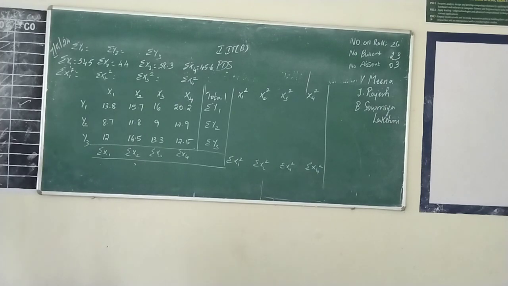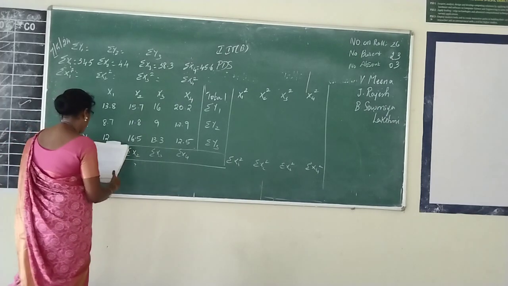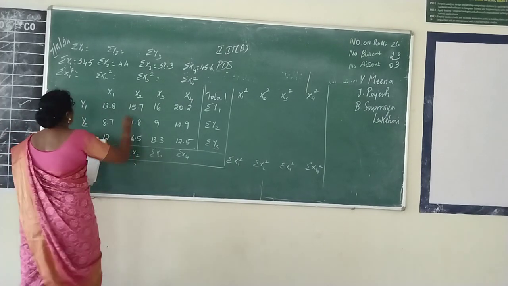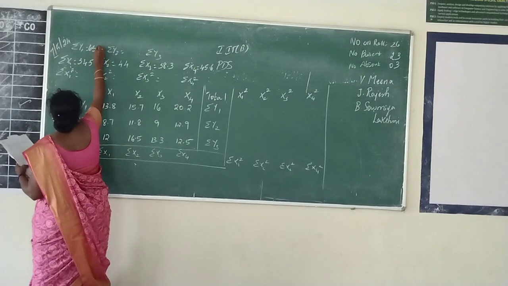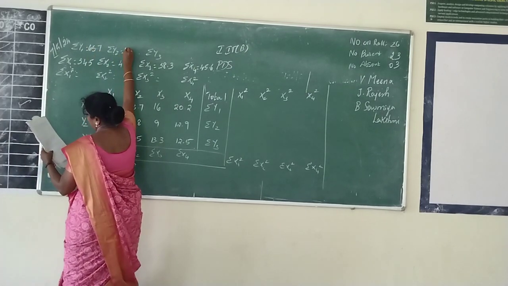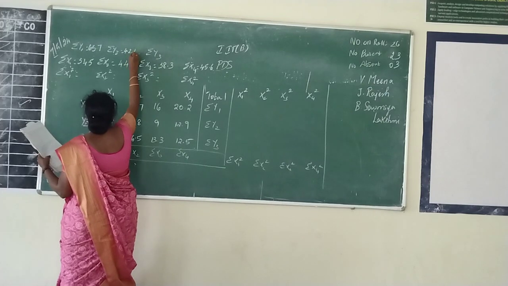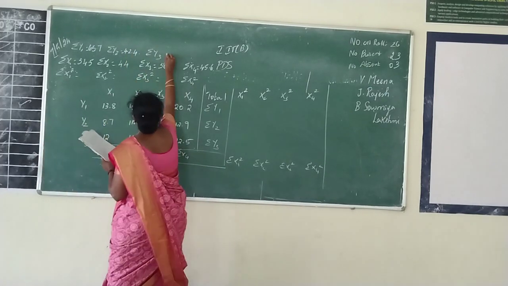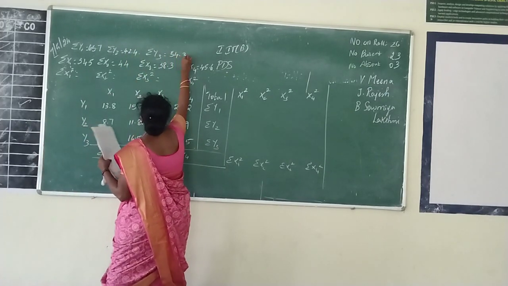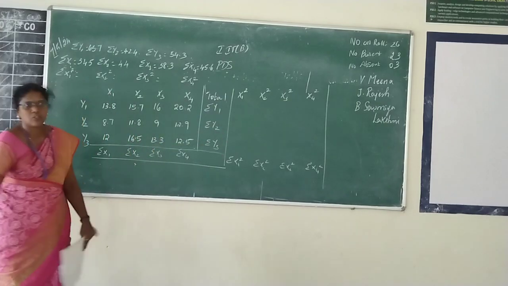Y values: y1 is 65.7, y2 is 40, y3 is 54.3. Now the square values.